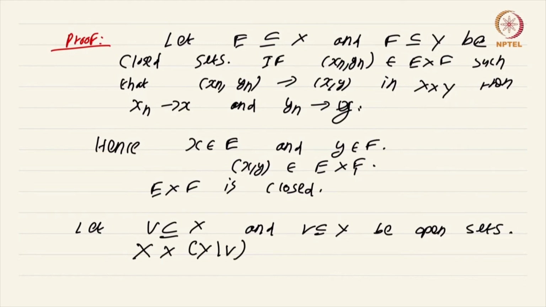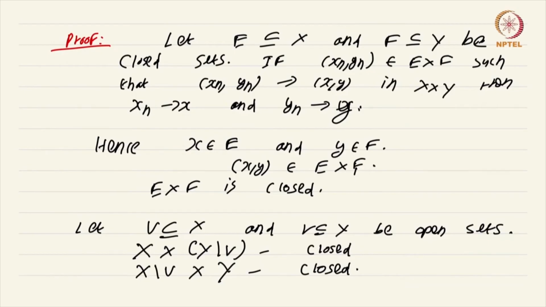Now, V is an open set, therefore Y minus V is a closed set. So this is closed. In an entirely similar way, (X minus U) cross Y is closed. Both these sets are closed.